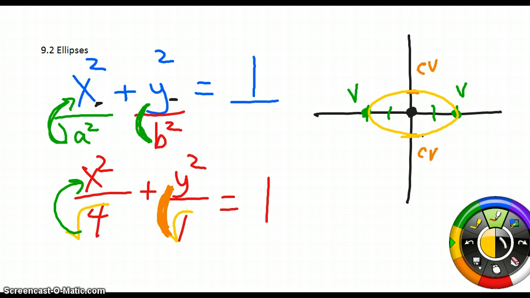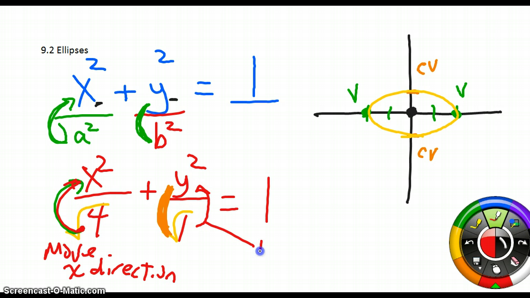So again, I want you to make some notes here. Make a note that whatever this number is, you move in the x direction, which is right and left. And since this number is underneath the y, this is how far you move in the y direction.